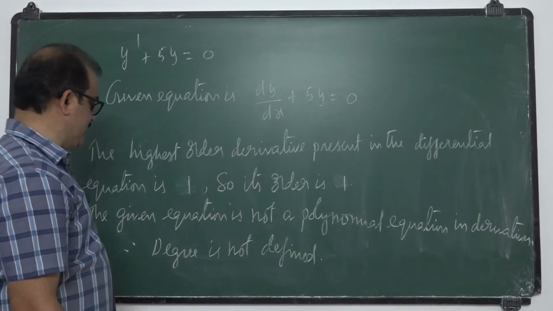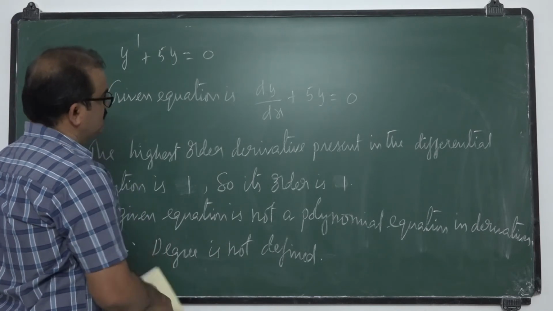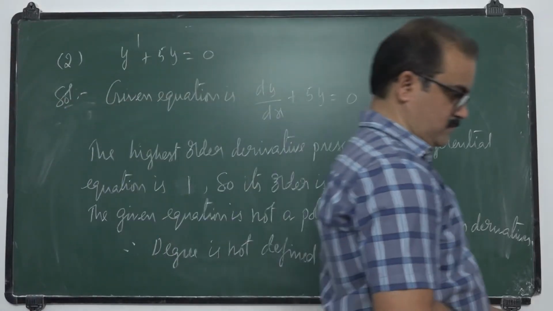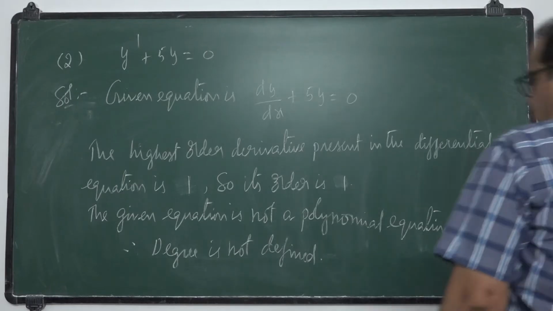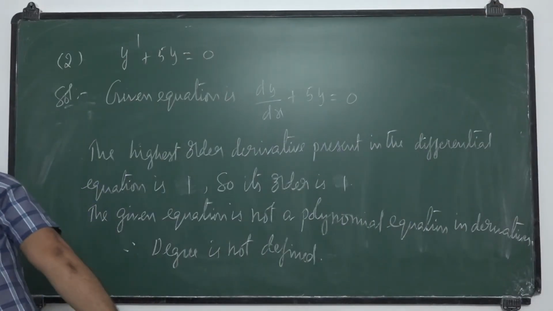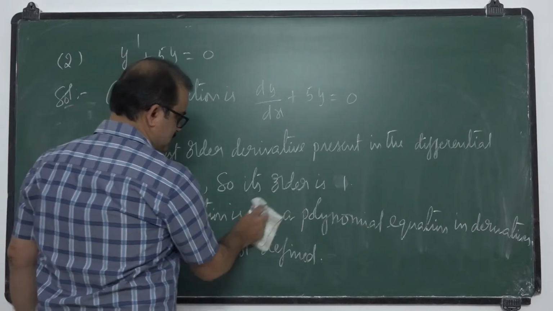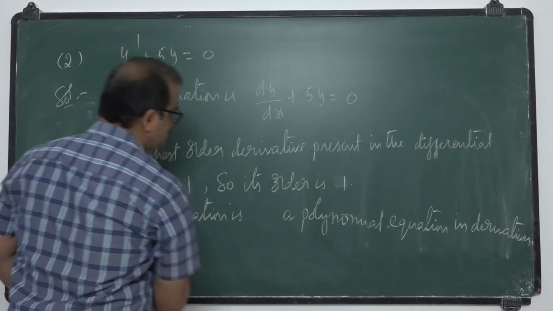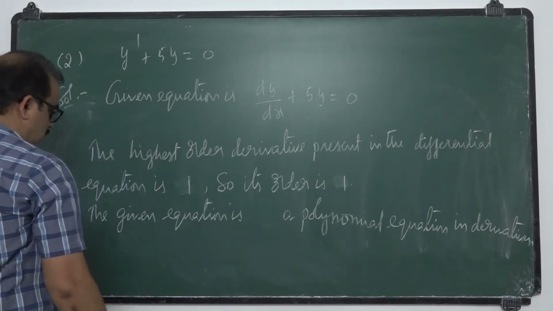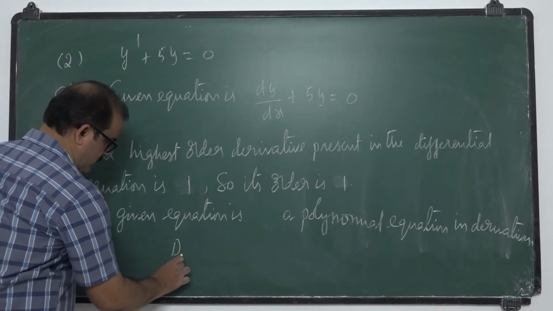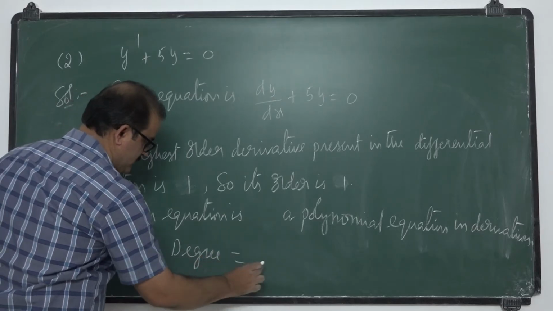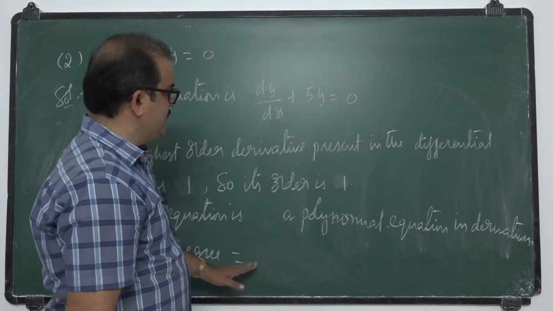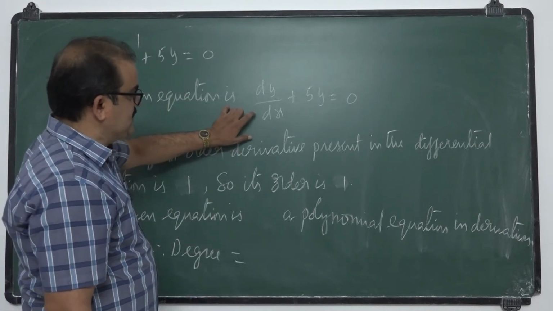Now we find degree. The given equation is a polynomial equation in derivatives. Now degree is equal to, what is meant by degree? It is the power of the highest derivative.